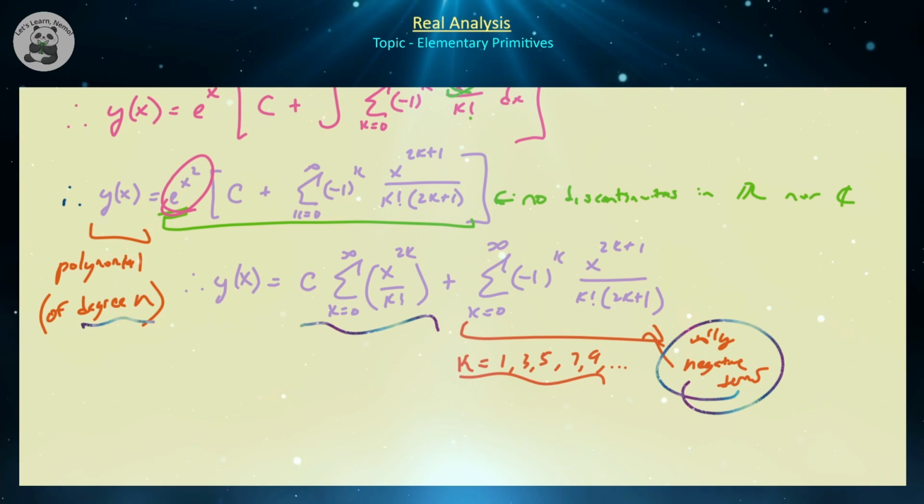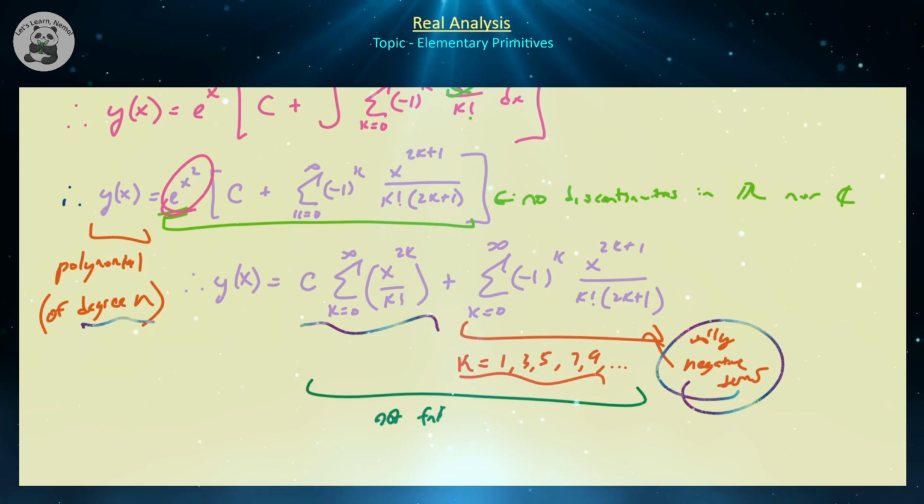But even in the strong case that they do cancel, you're still going to be left with the terms k equal to 0, 2, 4, 6, 8, and so on. So if that is the case, then it's impossible for you to have a finite degree. Right? So this is not a finite degree term.